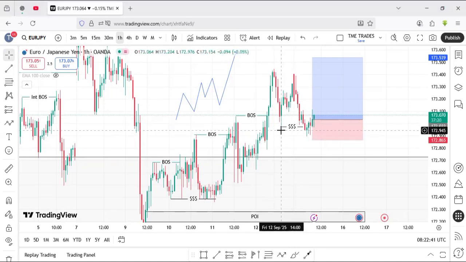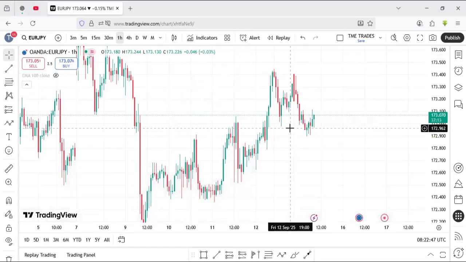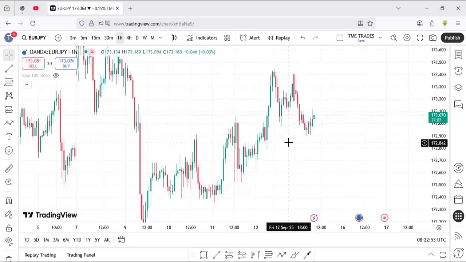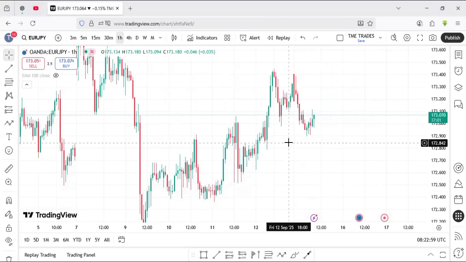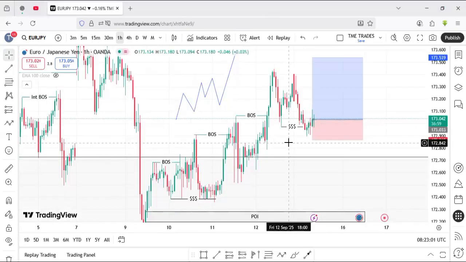So today, we are waiting for it to happen either during London session or New York session. Always wait for liquidity to be swept before or immediately after a session starts. Once it happens, boom, you attack the market.